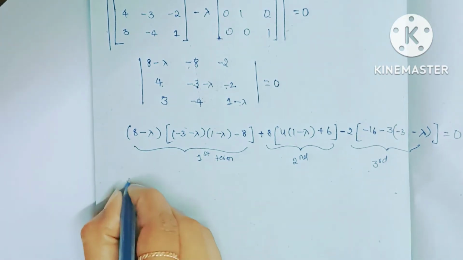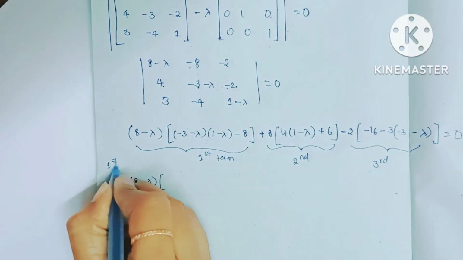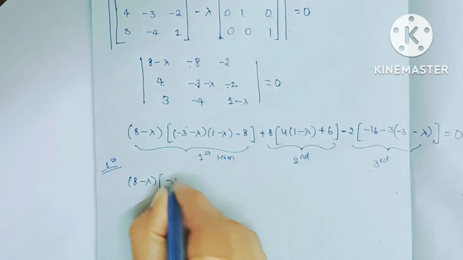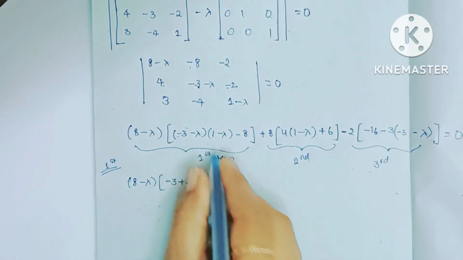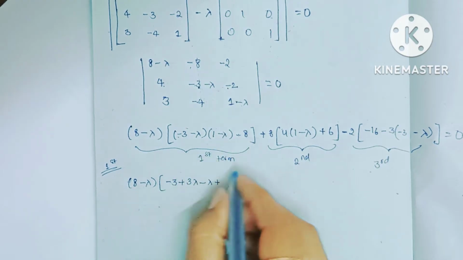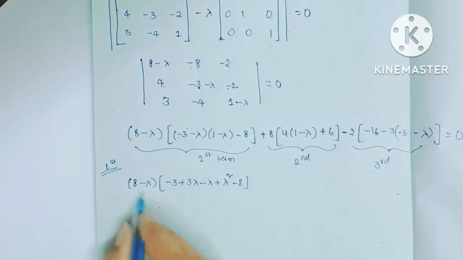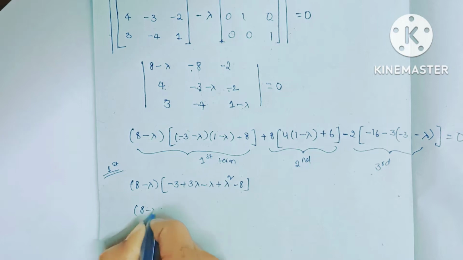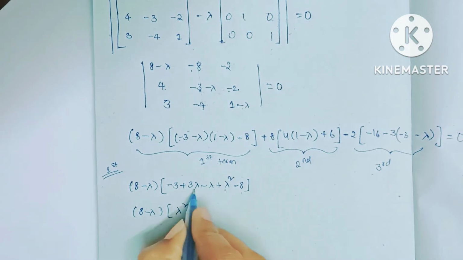So here 8 minus lambda into, so I am taking the first term. Minus 3 into 1 is minus 3, minus into minus plus 3 lambda, so here minus lambda plus lambda square minus 8. So here we have to simplify this, so 8 minus lambda into, plus 3 lambda minus lambda will get plus 2 lambda minus 11.